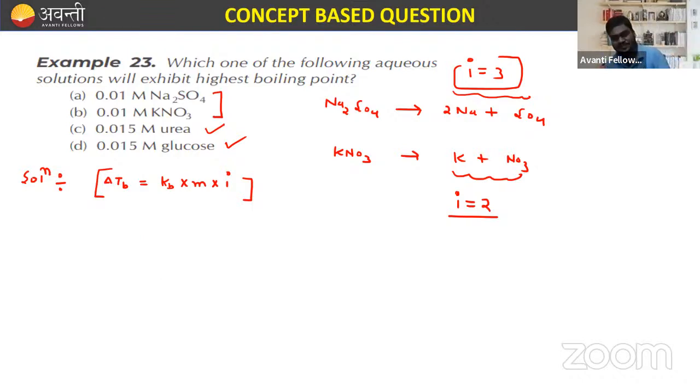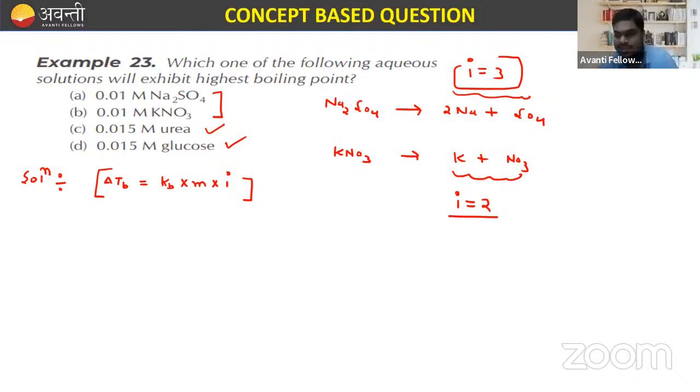So in this question you have to know how Na2SO4 behaves and how to calculate this. You can calculate it easily just by knowing the number of ions. If you know the number of ions that will undergo association or dissociation, then you can easily identify.